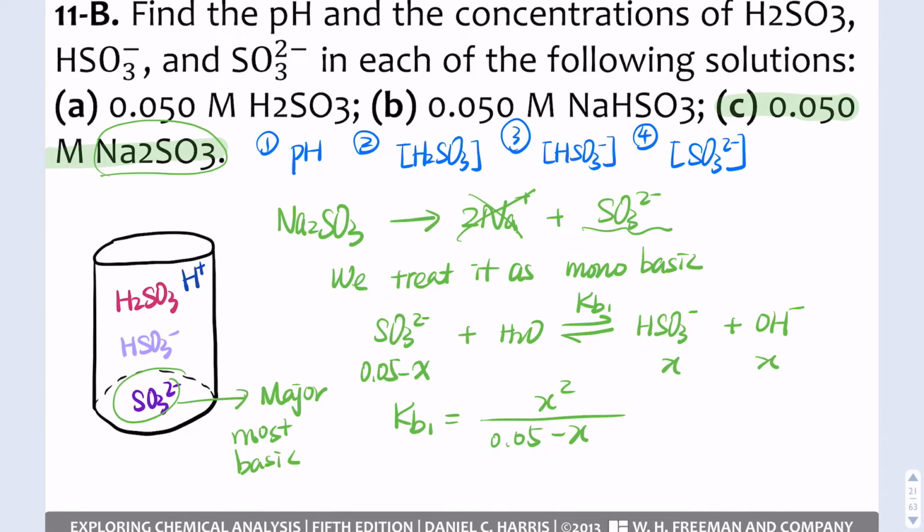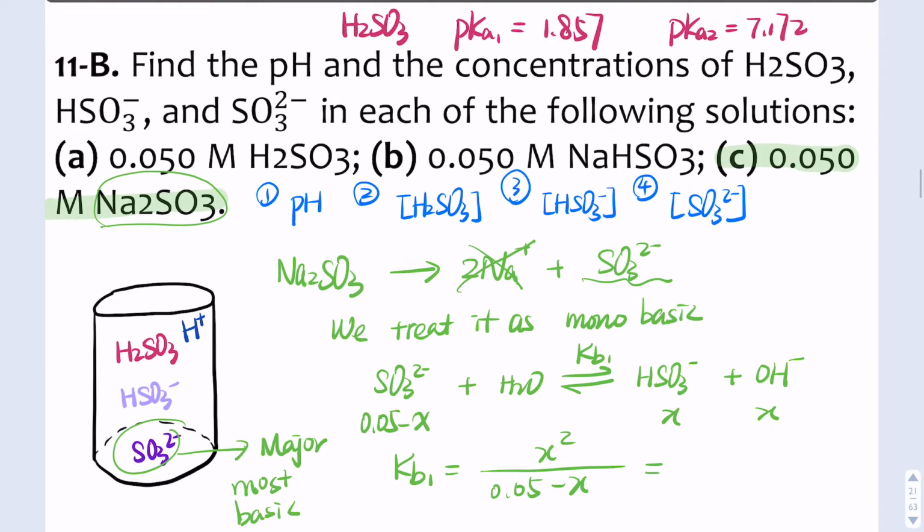And how do I calculate Kb? If you know the Ka value, then you can calculate Kb. However, in this case, since it's diprotic, Kb1 will equal Kw divided by Ka2. This is very important for you to notice.